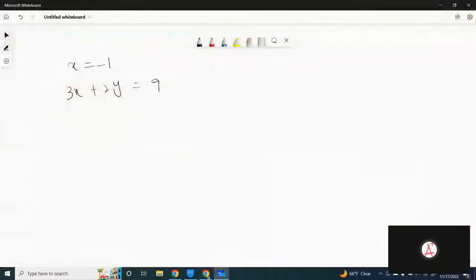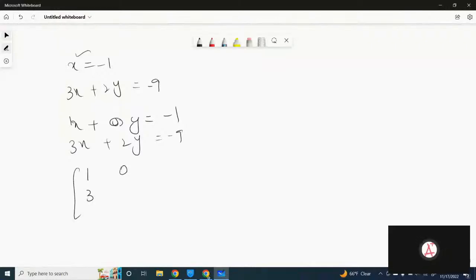Okay, let's just rewrite the equations. You don't have y in the first equation, so you can write it as 1x plus 0y equals -1. Got it? And the second one is 3x plus 2y equals -9. Let's write it in matrix form: 1 0 -1, 3 2 -9.